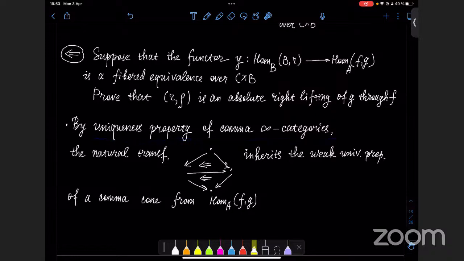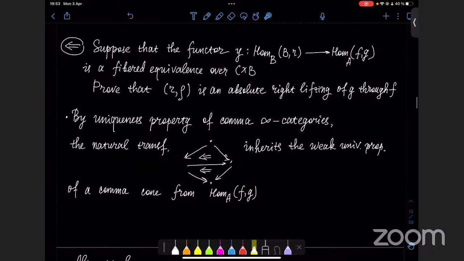So the natural transformation, this natural transformation from the conditions of the theorem, and here are the weak universal properties of the comma cone from this home object.